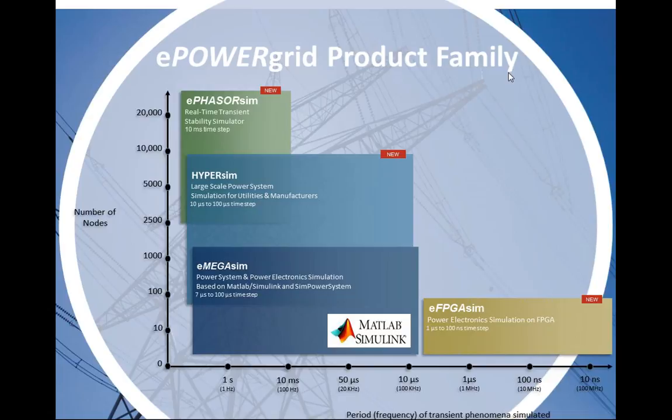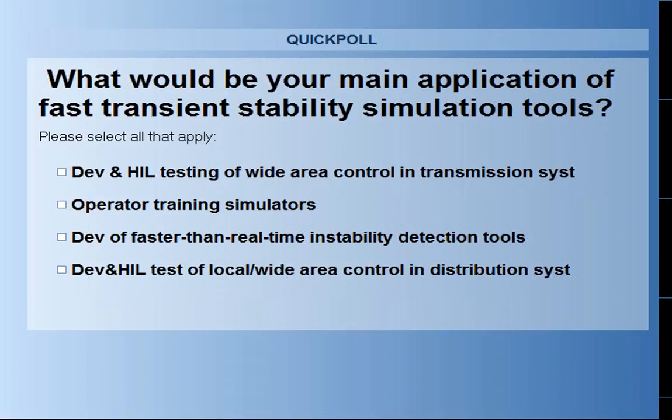I believe we have a question right now. Yes, we're going to take a brief pause and address our first poll question. What would be your main application of fast transient stability simulation tools?